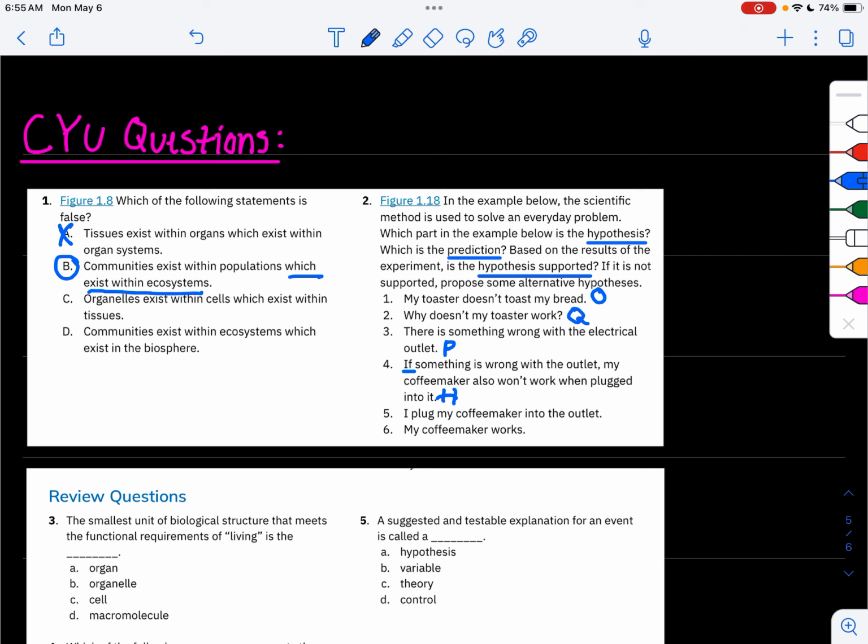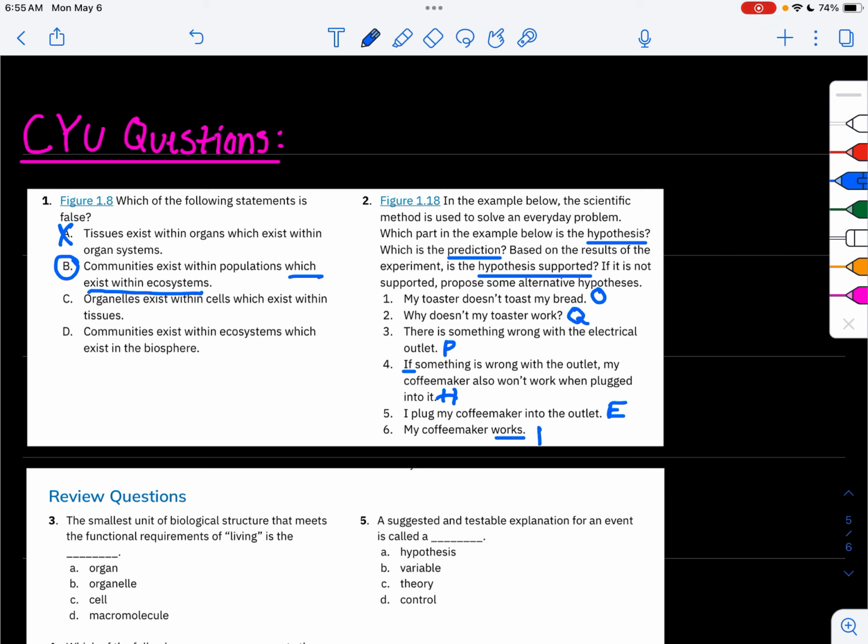Okay, here's actually doing the experiment now. So this person is saying the outlet is not working. Therefore, if my coffee maker is plugged into it, it will not work. So this individual thinks there's something wrong with the outlet, not the toaster. So here's the experiment. They're plugging the coffee maker into the same outlet as the toaster, and the coffee maker works.